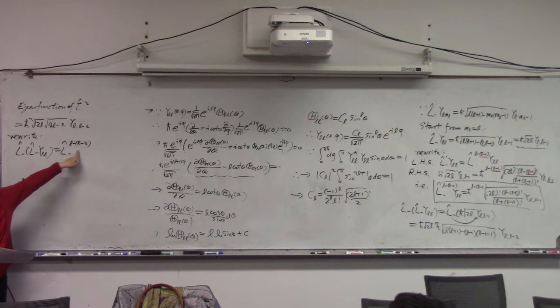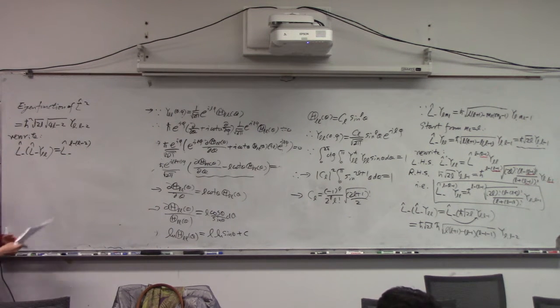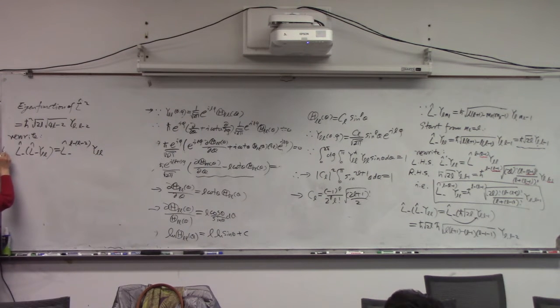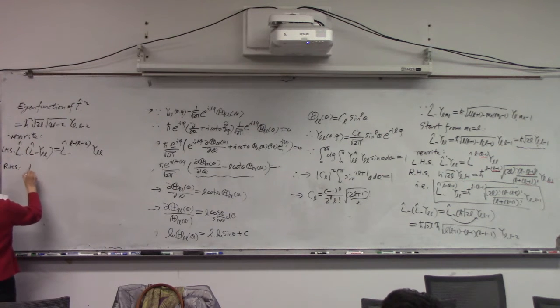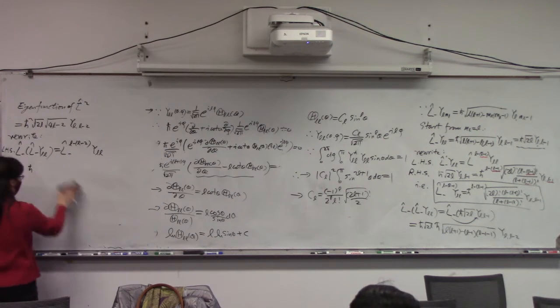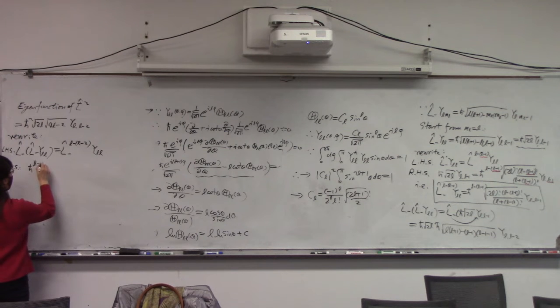So L cancels, and minus 2 becomes 2, right? So that is a square. Okay. That is the right-hand side. Rewrite like this. Right-hand side is this h bar squared. Now the square I also rewrite like this, same thing, L minus 2.